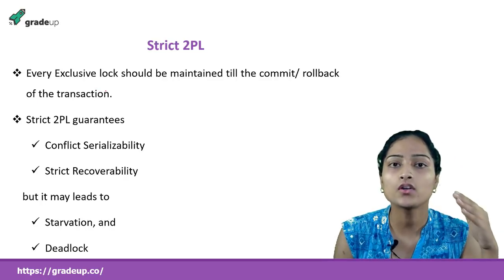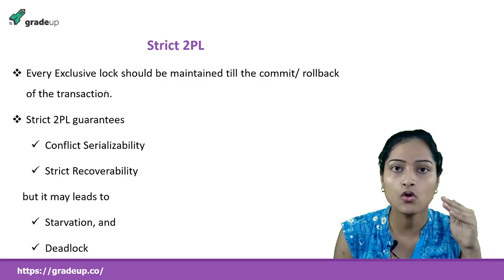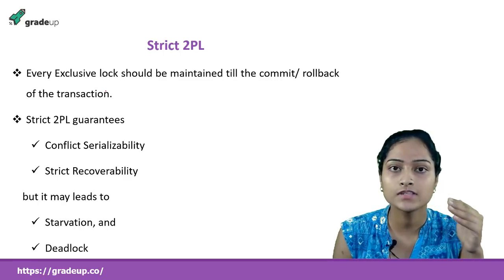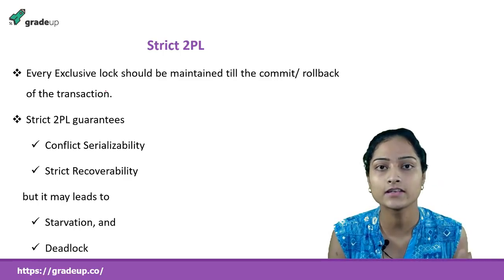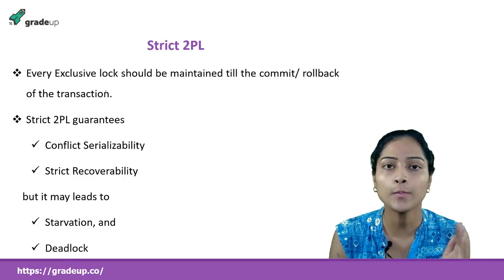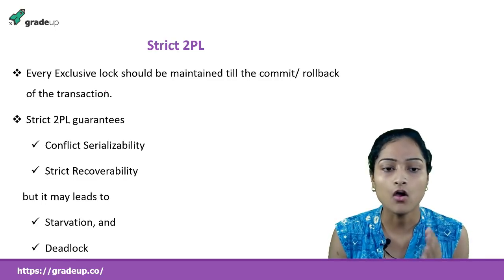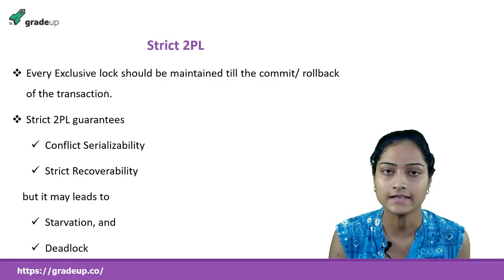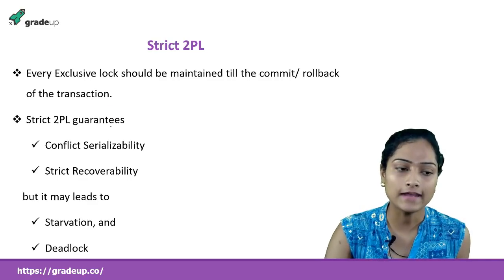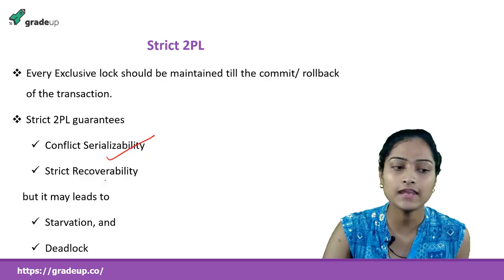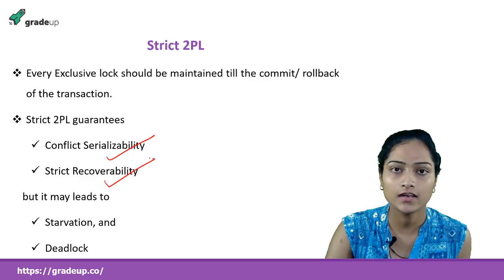That is, you are not allowed to unlock the data items which have acquired exclusive locks. You have to maintain all the exclusive locks till the commit or rollback of our transaction. This strict 2PL guarantees conflict serializability as well as strict recoverability.